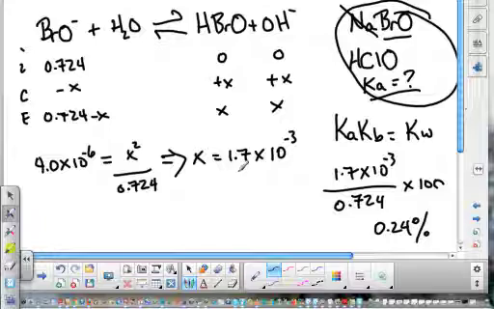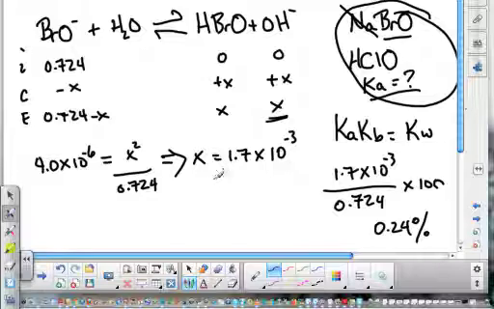My x is my OH minus concentration. So I'm telling you, 1.7 times 10 to the negative 3, take the negative log, is 2.77. 2.77 would be a choice on a multiple choice exam.